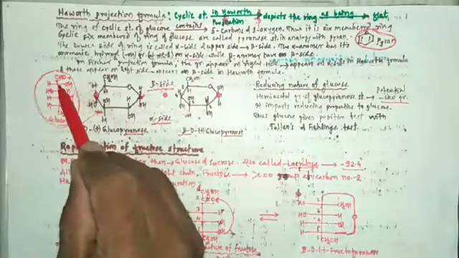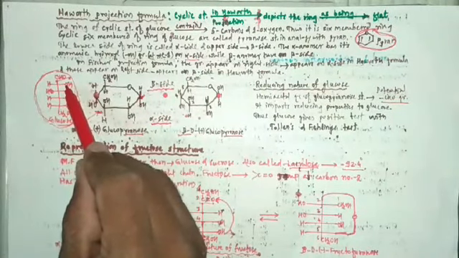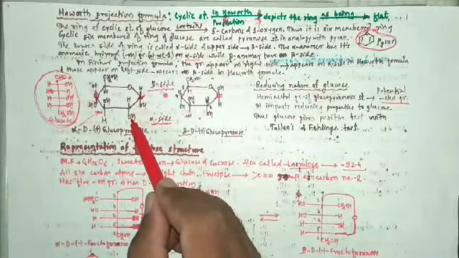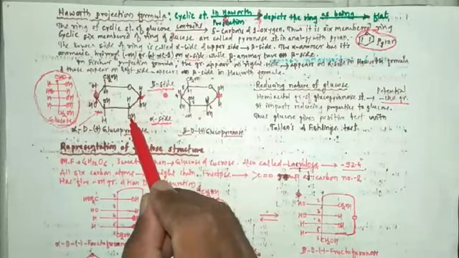See here, this OH group is on the right side. Therefore, the OH group is present on the alpha side here.